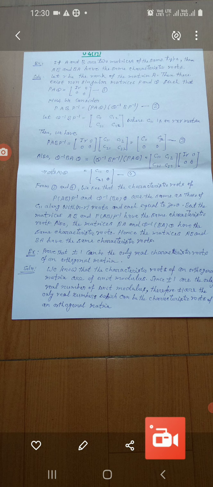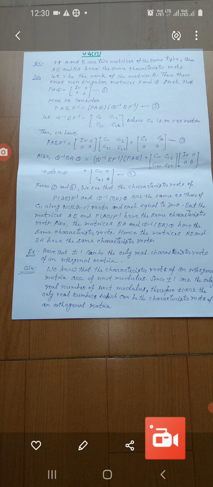When we multiply this we get C11 C12 in the first row and 0 0 in the last row, and let it be equation number 3.